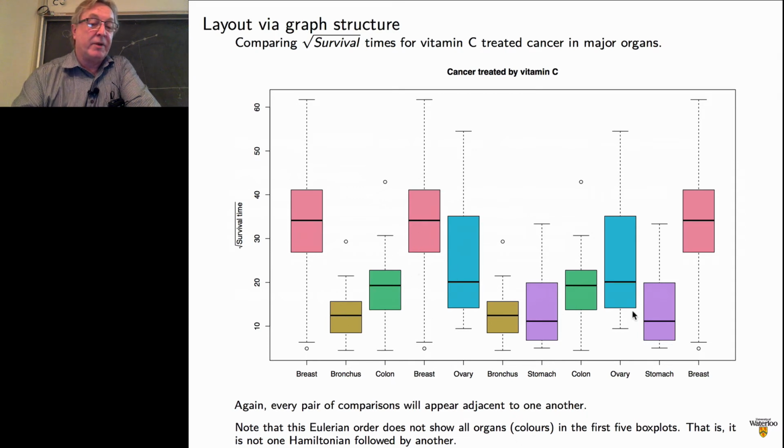You're missing the purple from here, and the pink has appeared twice. So this is an Eulerian, but this first part is not Hamiltonian. If it was Hamiltonian, you'd see all 5 organs appearing in the first part. Okay? So you have 2 pinks in the first part, and you've got 2 purples in the last part.